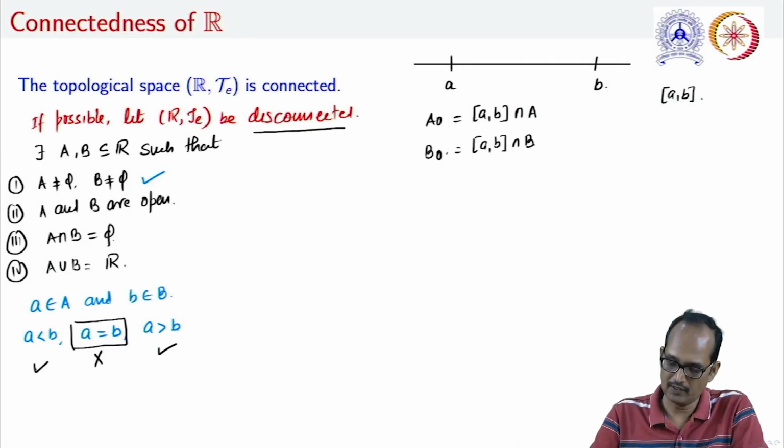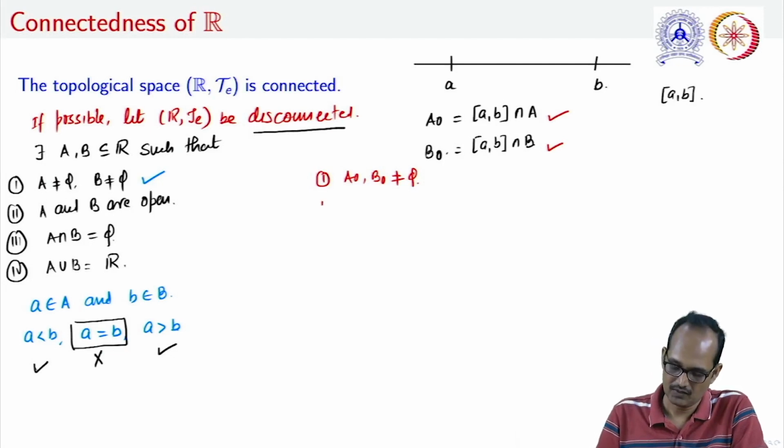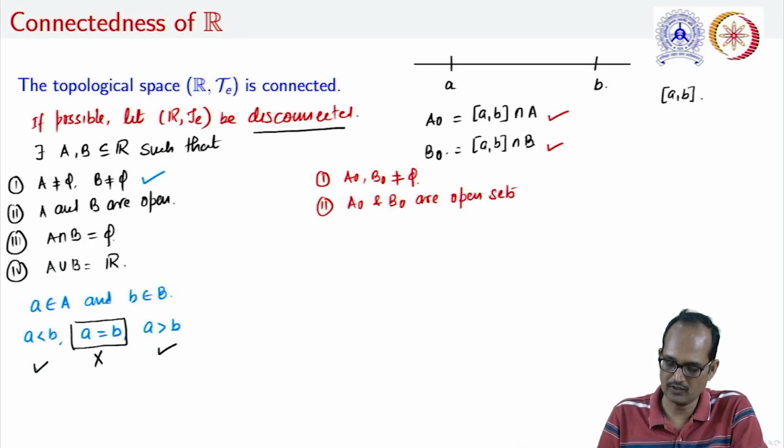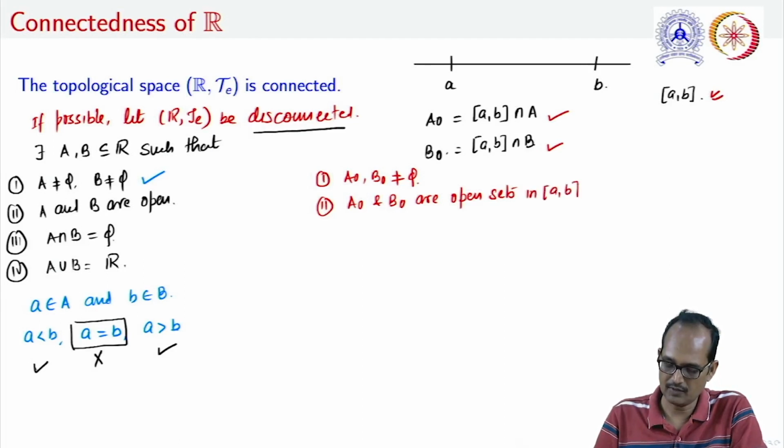These A naught and B naught have some features. First, A naught and B naught both are non-empty because a is a member of the first intersection and b is a member of the second. Also, A naught and B naught are open sets with respect to the relative topology on the closed interval [a, b].